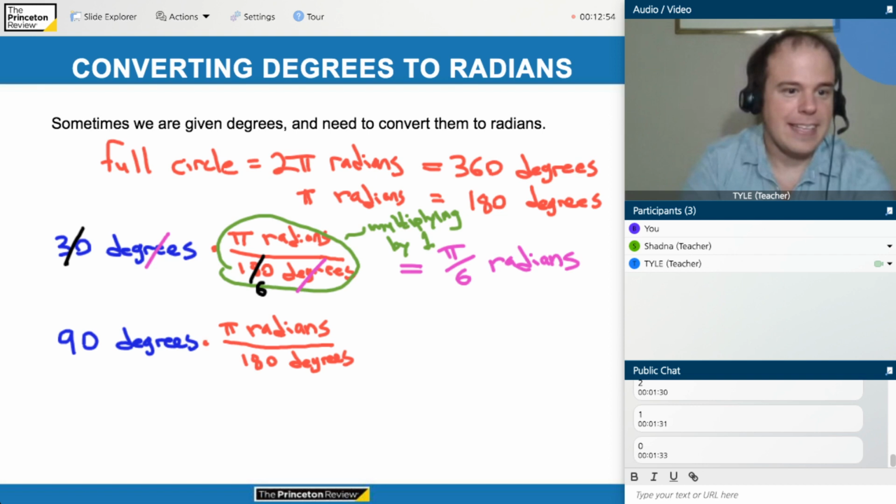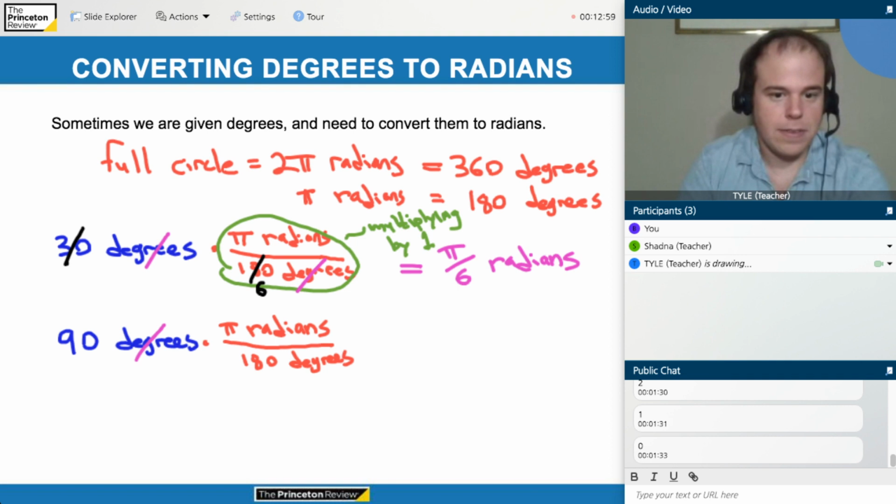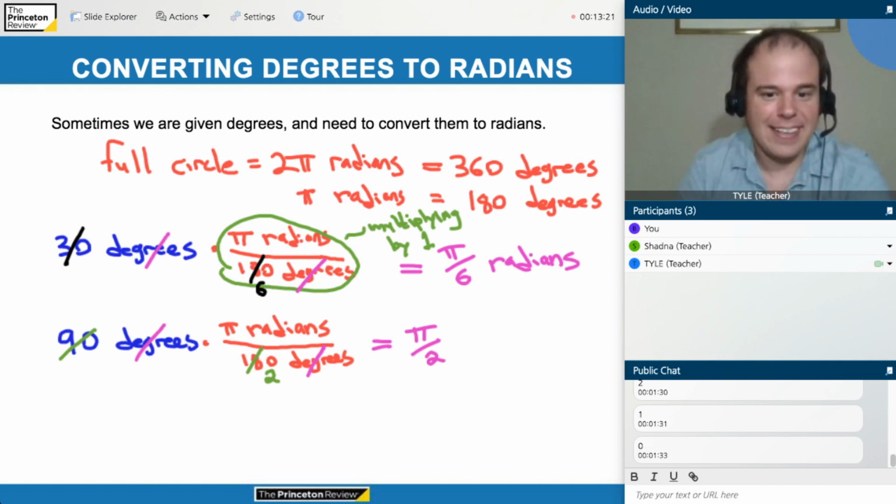And just like before, we have degrees here, which cancels with degrees in the denominator of the fraction, leaving us with radians. And the 90 and 180 also partly cancel. So the 90 divided by 180 just becomes 1/2. So in all, we have pi over 2, because don't forget the pi that was in the numerator. And the degrees canceled, so we just have pi over 2 radians. Okay, so 90 degrees is pi over 2 radians.